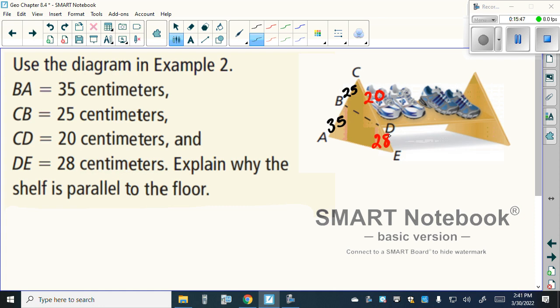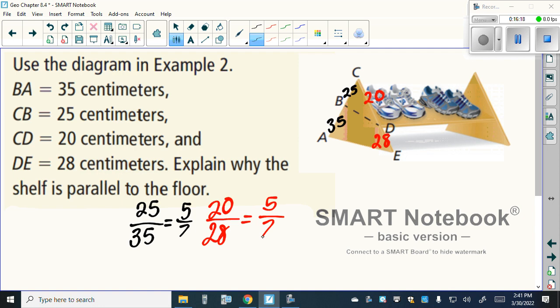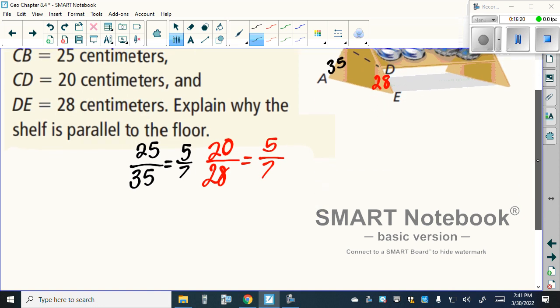So if we look at it, 25 on top over 35 is one of our proportions. The other is 20 over 28. So 25 and 35 have a common factor of 5, which reduces to 5 over 7. 20 over 28, well, they both have a common factor of 4, which would reduce to 5 over 7.